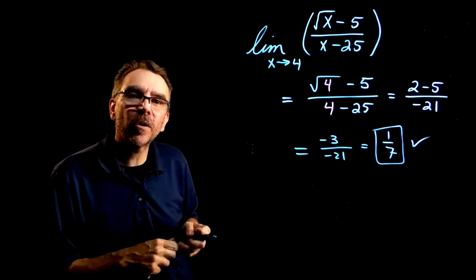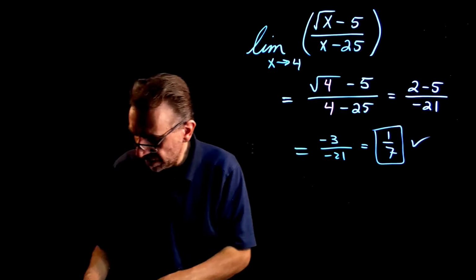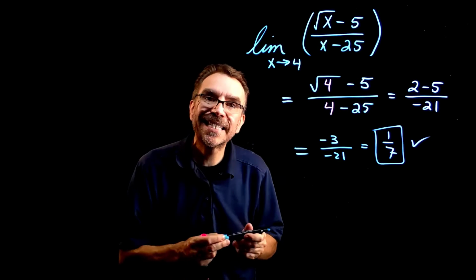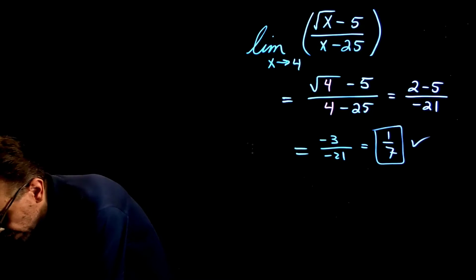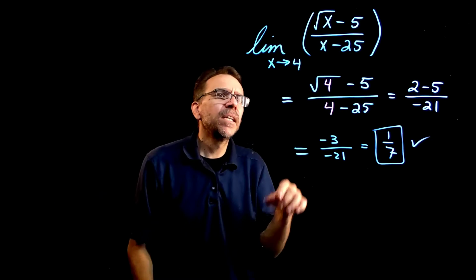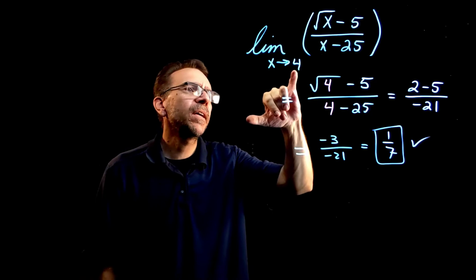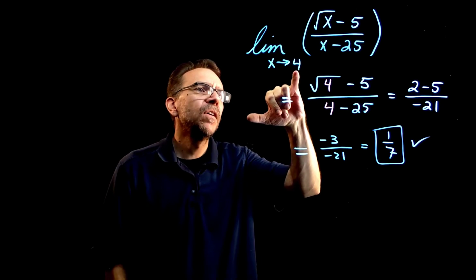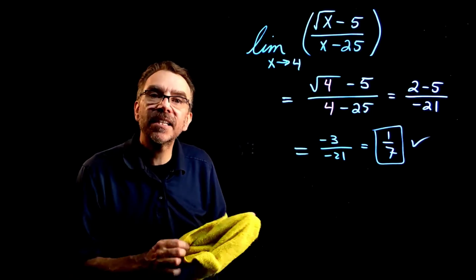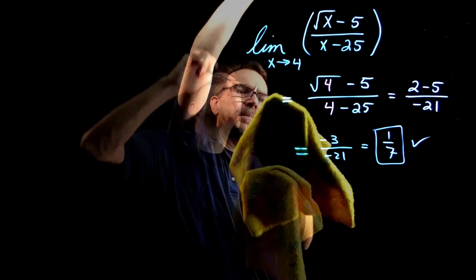Now this doesn't always work. Sometimes, or a lot of times in the textbook problems, they're going to tend towards either restrictions or holes or something like that. And so instead of tending towards 4, what we'll do next is tend towards 25.